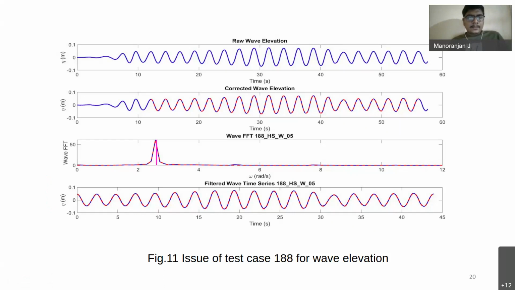The topmost plot here corresponds to the raw wave elevation. In the region between 10 to 20, you can see that they oscillate in a sinusoidal way, and the wave height slowly increases. This corresponds to what Aditya has mentioned before as well. If you extract the region using the method that I have mentioned before, then this red line is the one which we get.